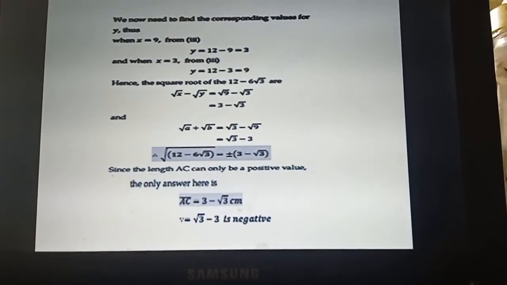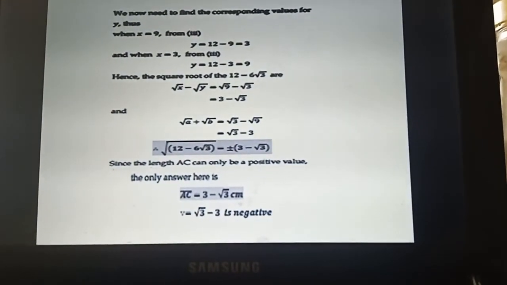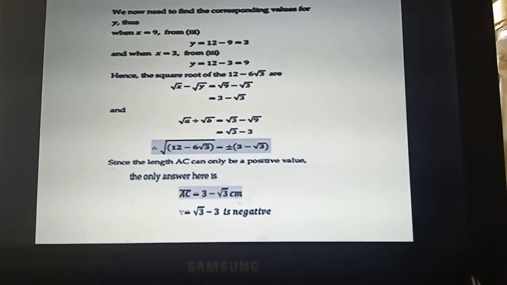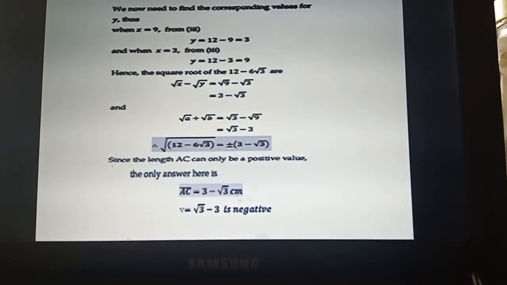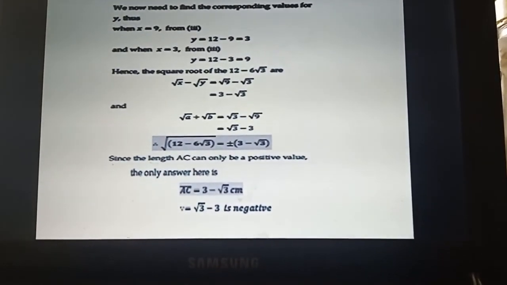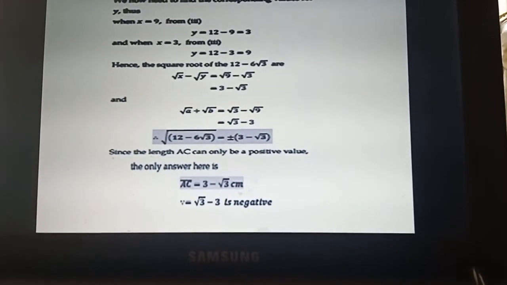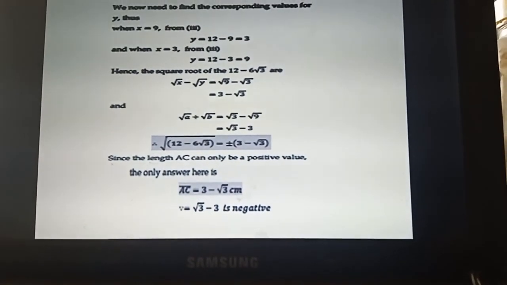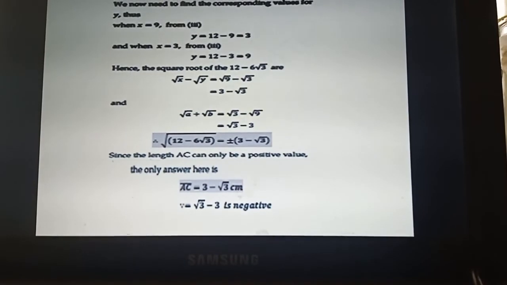Hence the square root of 12 minus 6 root 3 is root 9 minus root 3. Root of 9 will give you 3, minus root of 3. Or root of 3 minus root of 9.